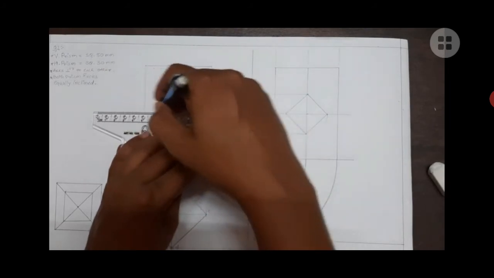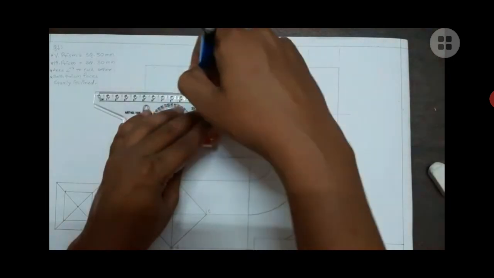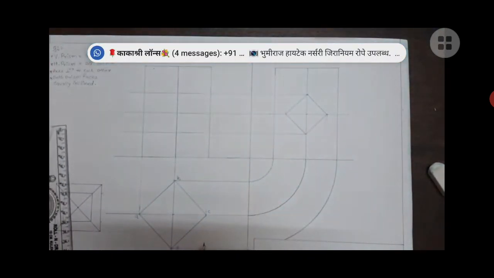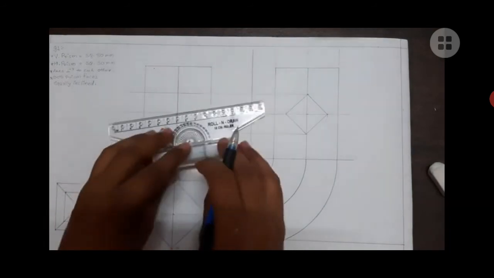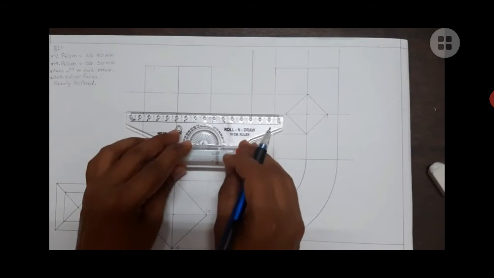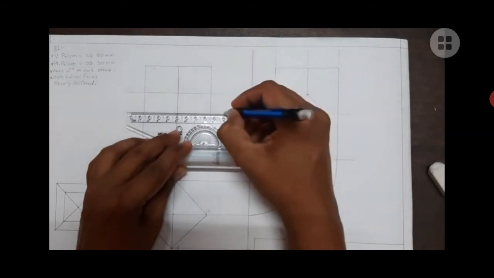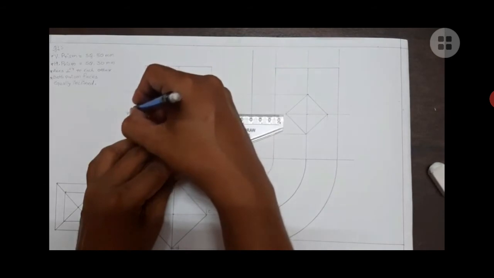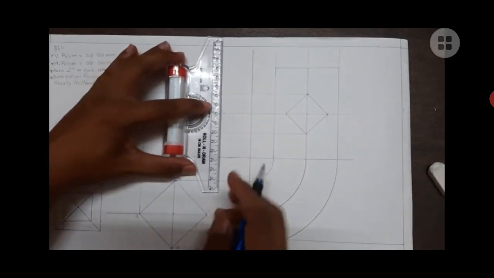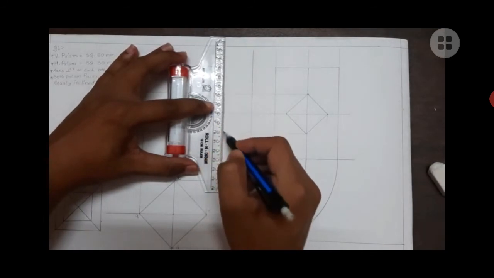The vertical prism is 50 mm sides, the horizontal prism is 60 mm sides. Mark the length of the prism axis. So assuming a length of 100 mm, both prisms have 100 mm length.